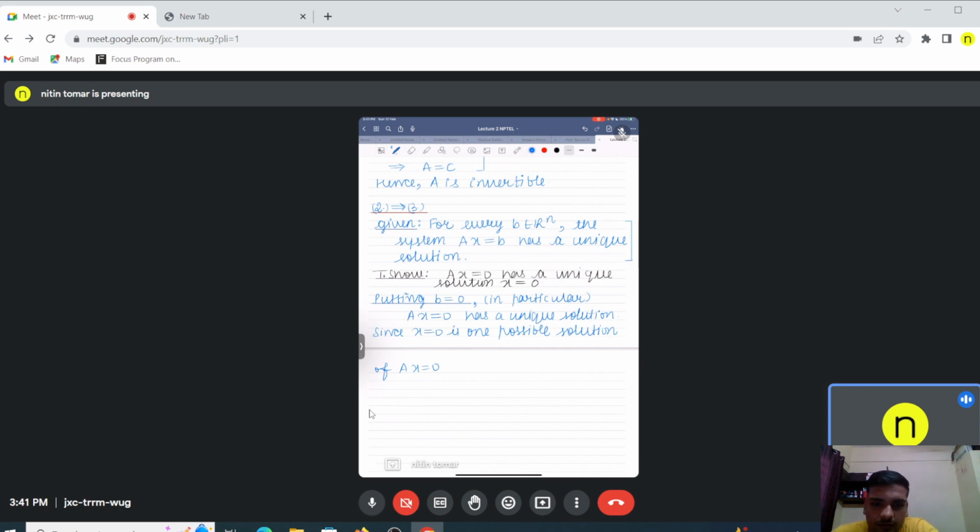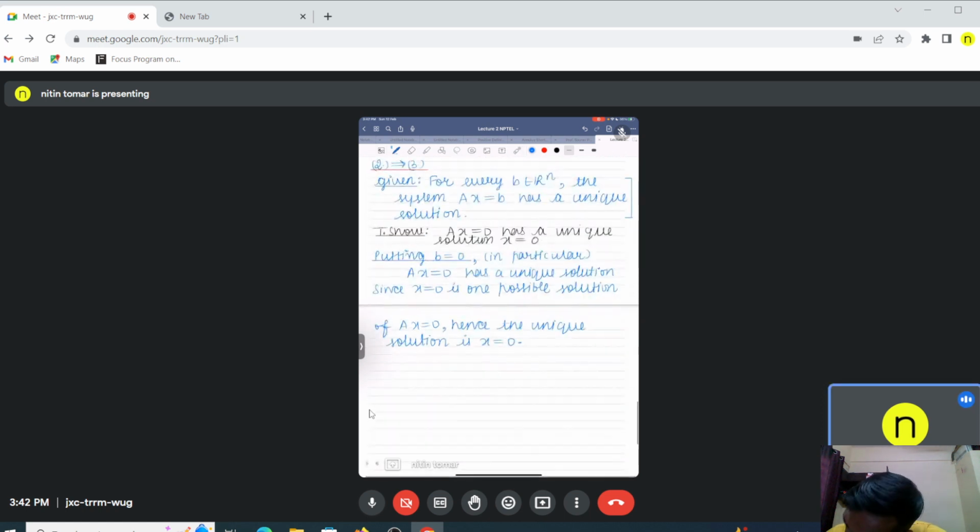So what will be the unique solution? x is equal to 0, the zero vector. See, 0 is one solution and we are saying there is only one solution. So this implies that the one solution has to be 0, right? Yes, unique solution and that is 0. Exactly. Now we prove 3 implies 2.